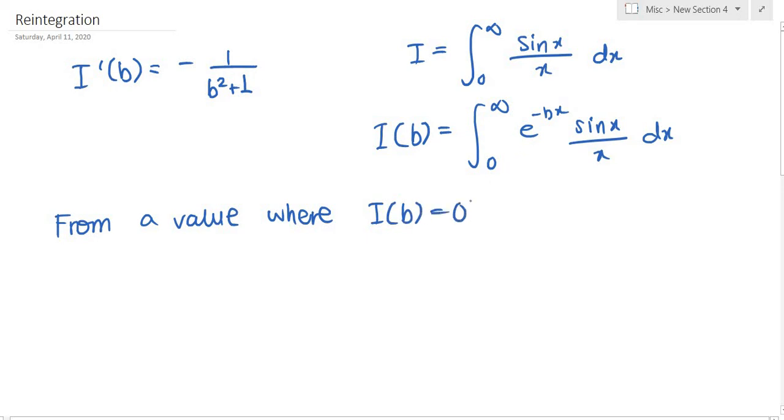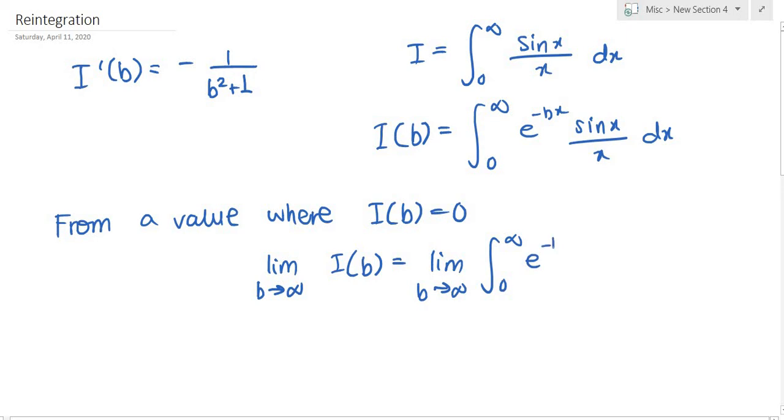And what value of b makes I of b equal to 0? Well, you might notice the limit as b tends to infinity of I of b, which is the limit as b tends to infinity of the integral from 0 to infinity of e raised to negative bx times sine of x over x dx, evaluates to, because as b tends to infinity, you can put this in the denominator, e raised to bx.